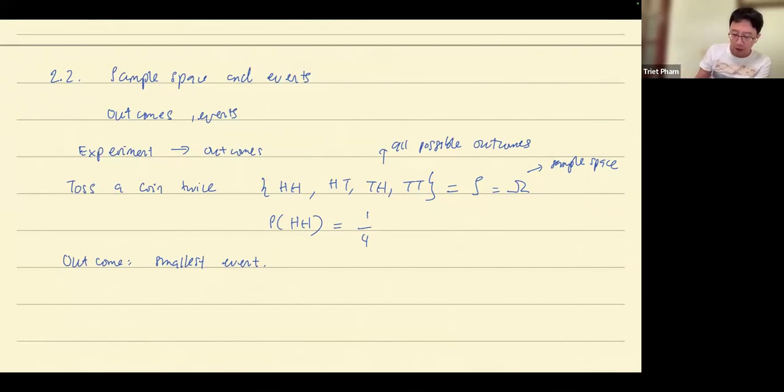But what can be a bigger event, and big or small here is in terms of sets? A bigger event, for example, will be this event: head-head union with head-tail. What is this? This is an event that tells us that the first toss is head.